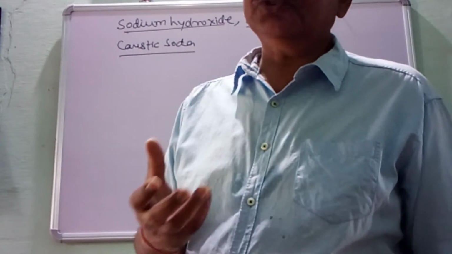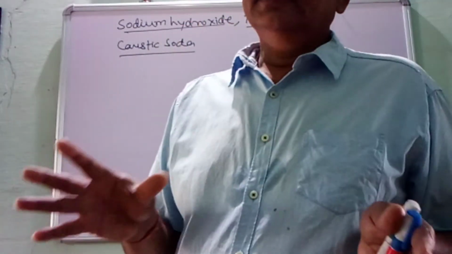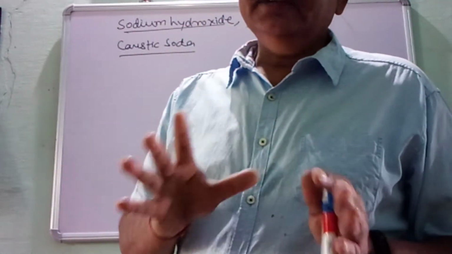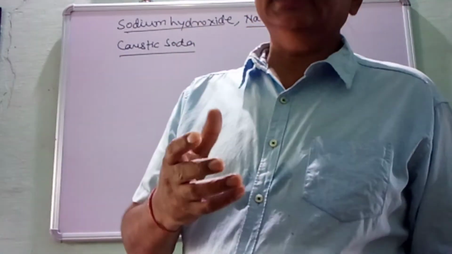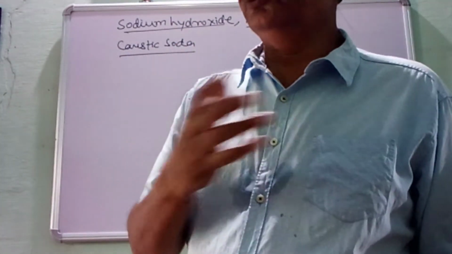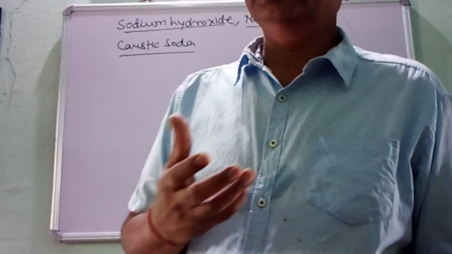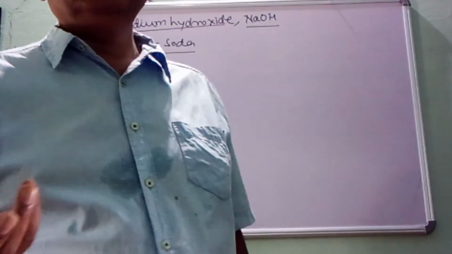So, entire cleaning is done, and rather more cleaning, and the outer layer of the skin is lost by the soap. It corrodes. Now, same case is with the detergents.